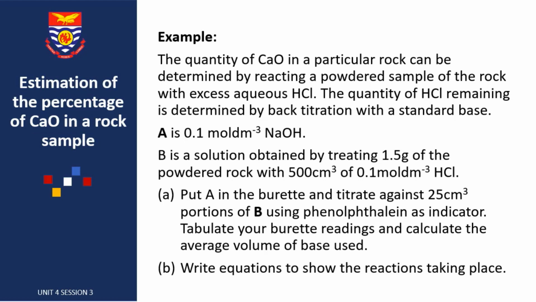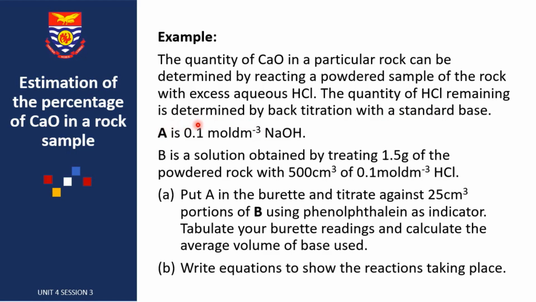And we are looking at this question. The quantity of calcium oxide in a particular rock can be determined by reacting a powdered sample of the rock with excess hydrochloric acid. The quantity of HCl remaining is determined by back titration with a standard base.